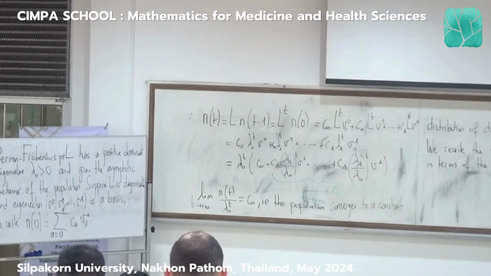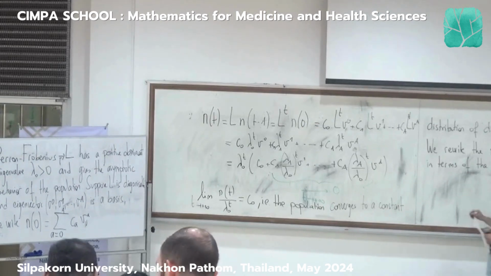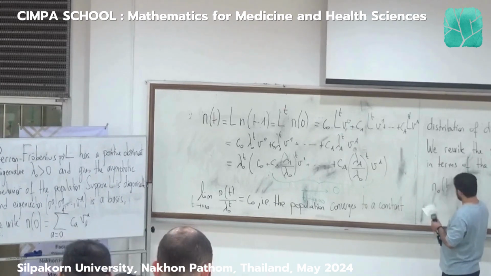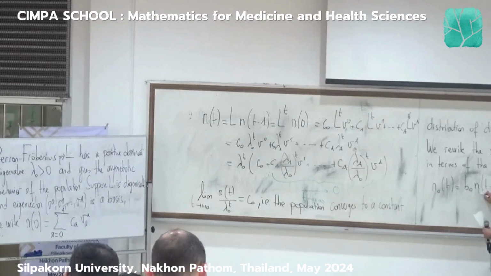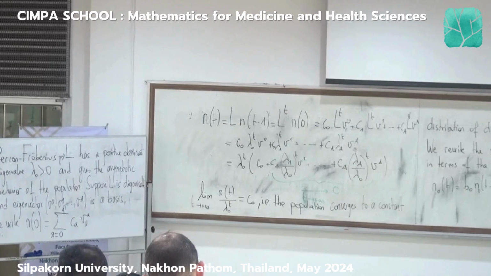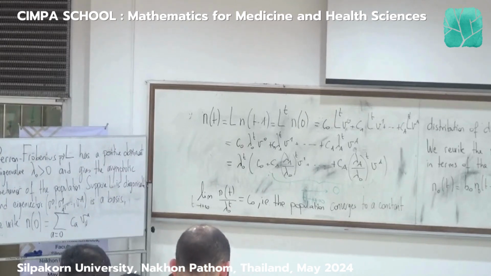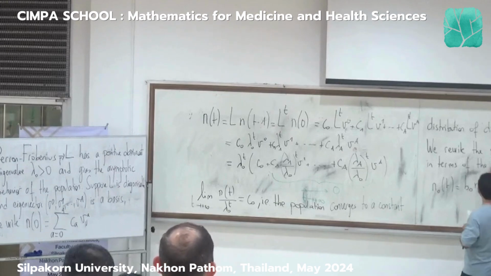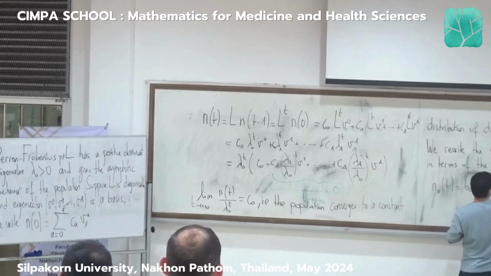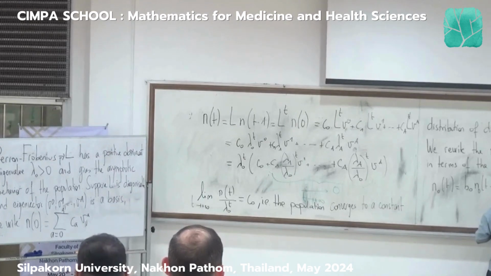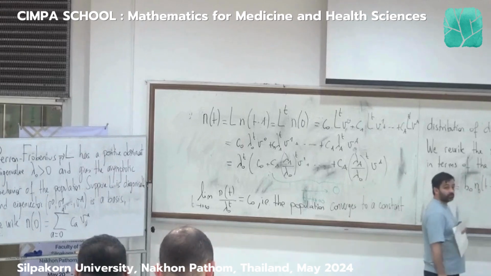What was my equation for the newborn? N0 at time t equals the sum of the fertilities times the population at t minus 1. But what I want to write is not this one. I want to write the newborn in terms of only the newborn in the past.